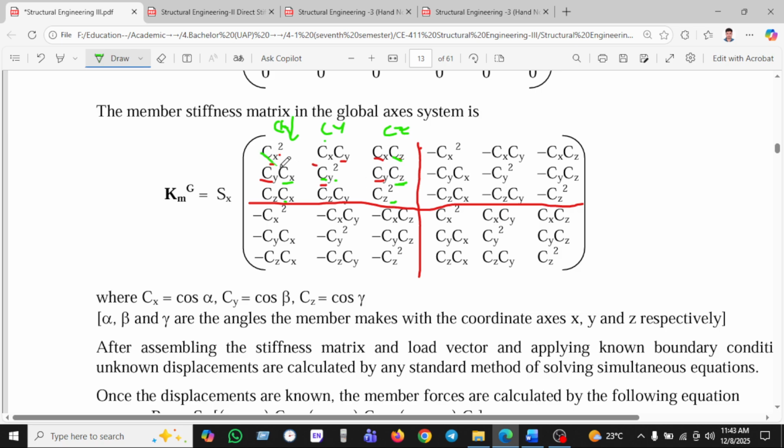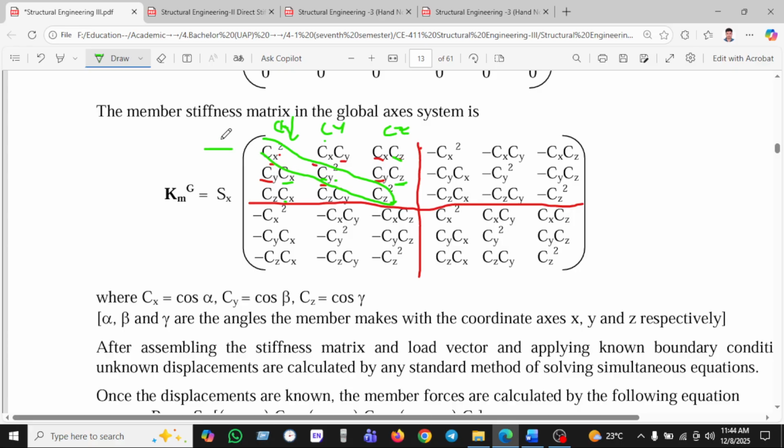So all the diagonal entries are cx square, cy square and cz square. We can easily remember: cx square, cx cy, cx cz, cy cz.